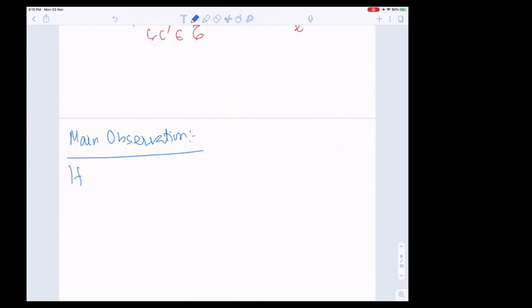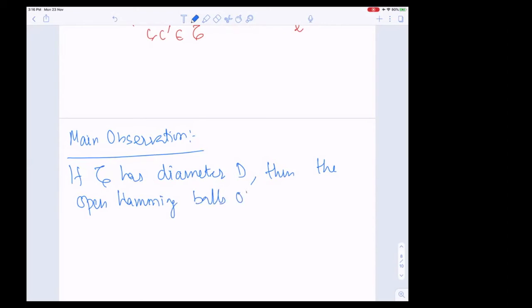If C has distance d, then the open Hamming balls of radius d over 2 about all c in C are disjoint.